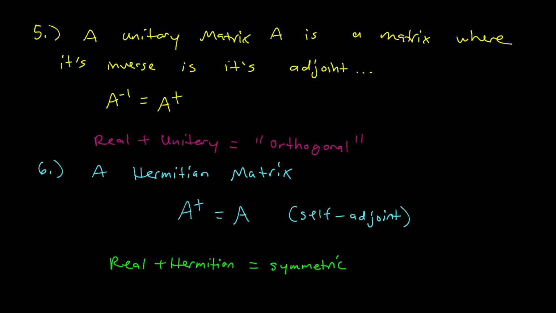A unitary matrix A is a matrix where its inverse is its adjoint, or A to the negative 1 equals A adjoint. And a real unitary matrix is also known as orthogonal. A Hermitian matrix is a matrix where its adjoint equals itself, and a real Hermitian matrix is symmetric.